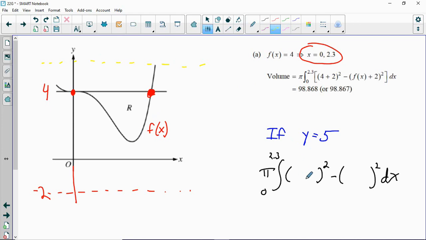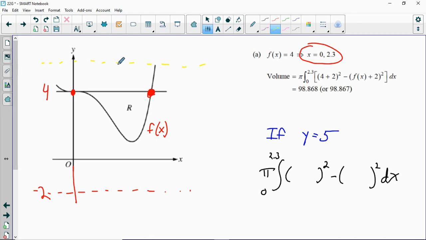You know, most of the examples that you see in textbooks and websites of how to do these volume problems, they always have both of the curves be above the x-axis. So you're always thinking top minus bottom. But really you should be thinking outer minus inner, the outer radius minus the inner radius. So in this case, if this is our axis of rotation, what is the outer function?